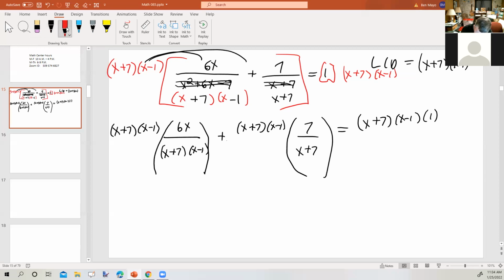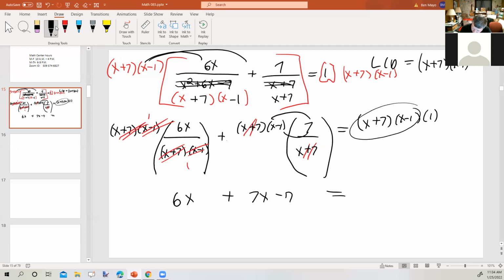Okay, simplifying, that crosses out, that crosses out. So all we have left is 6x plus, here that crosses out, and we have x minus 1 times 7, which is 7x minus 7 equals, and on the right side, all of this times 1 is going to just be all of that.